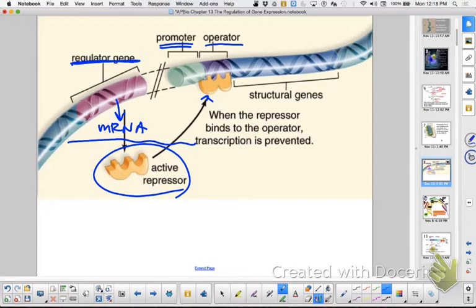Remember, an operon is a group of prokaryotic genes that operate together. They work together for some end product that you're trying to make. An operon includes the promoter, the operator, and whatever genes you're controlling. The regulator gene is usually farther upstream and out of the operon itself.